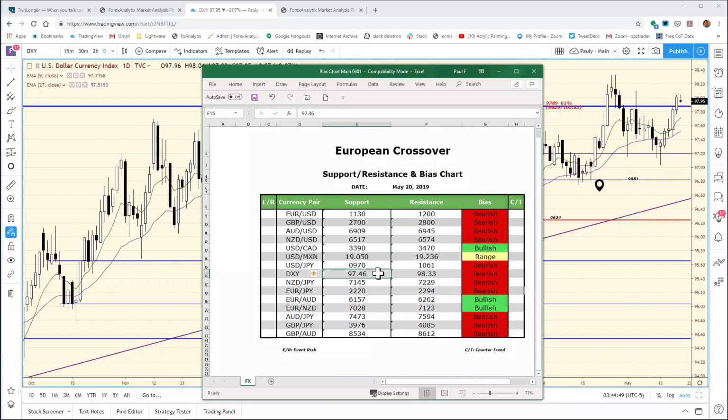And the real support on this thing, you can make the case right in here, 97.60. Our daily is 52, but on a pullback, it'd be 97.60.